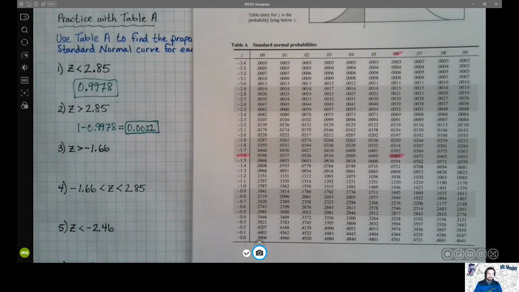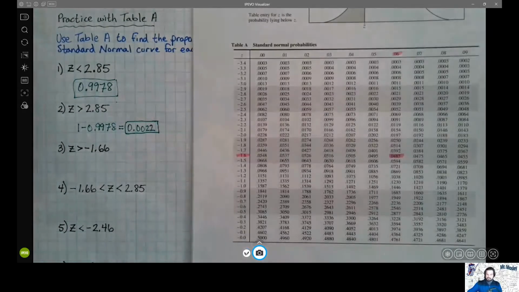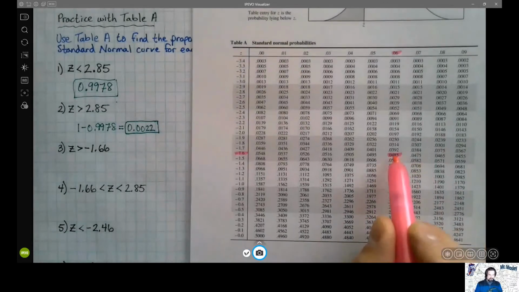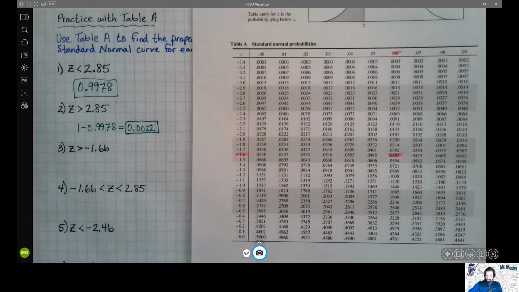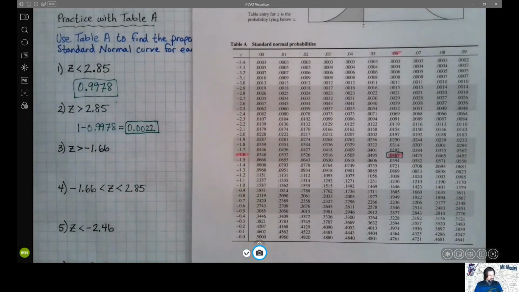Because again, this is the proportion less than. When we were talking about this picture, we know this picture is covering a good chunk of percentage. So when I subtract this number from 1, I'll get my result. This is the number I need to use, but it is not my solution, because I'm at a greater than problem.